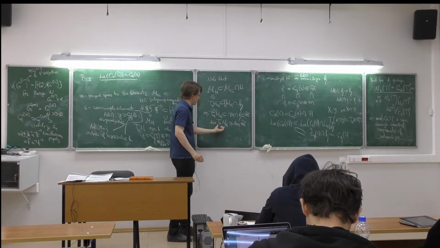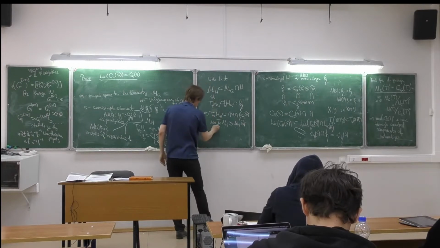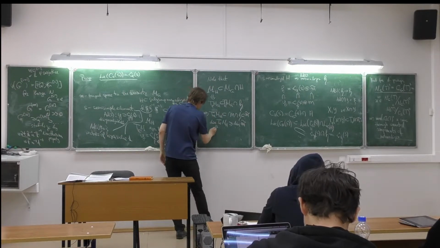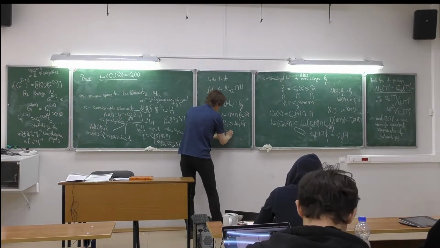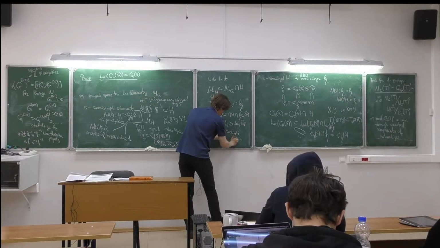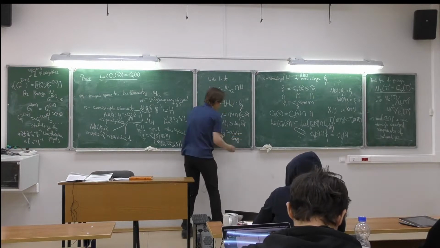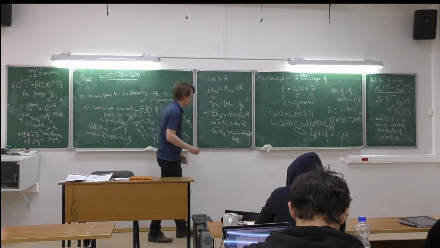But at the same time, the dimension of M_H is equal to the dimension of G, or the dimension of the Lie algebra, minus the dimension of the centralizer, because this is a homogeneous space.